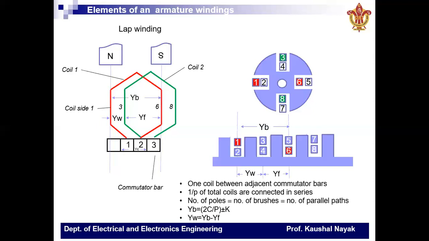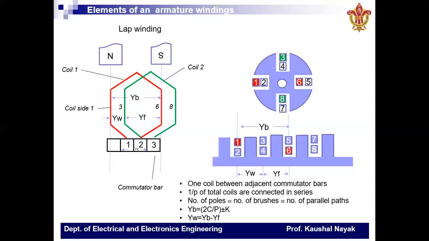It should be noted that these calculations can be made if the total number of coils and the total number of poles in the machine are known quantities.